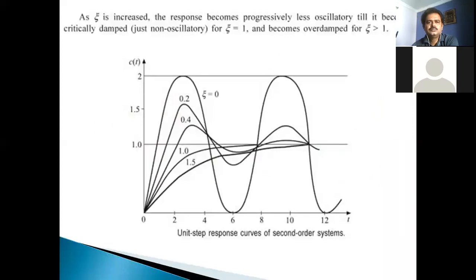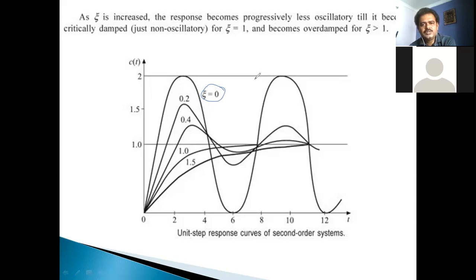Now if we observe the response for different values of zeta, for the first case, when zeta is equal to 0, it is an oscillatory response. It never reaches the unit value, except at intermediate points.